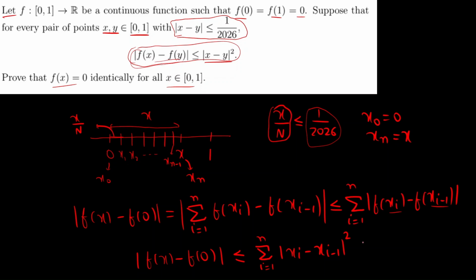Now what I have is (x by n) whole square times summation i equal to 1 to n of 1 itself, which will give me x square by n. Now from here I can say that mod f of x minus f of 0 is less than or equal to x square by n, and it is always anyways greater than or equal to 0.